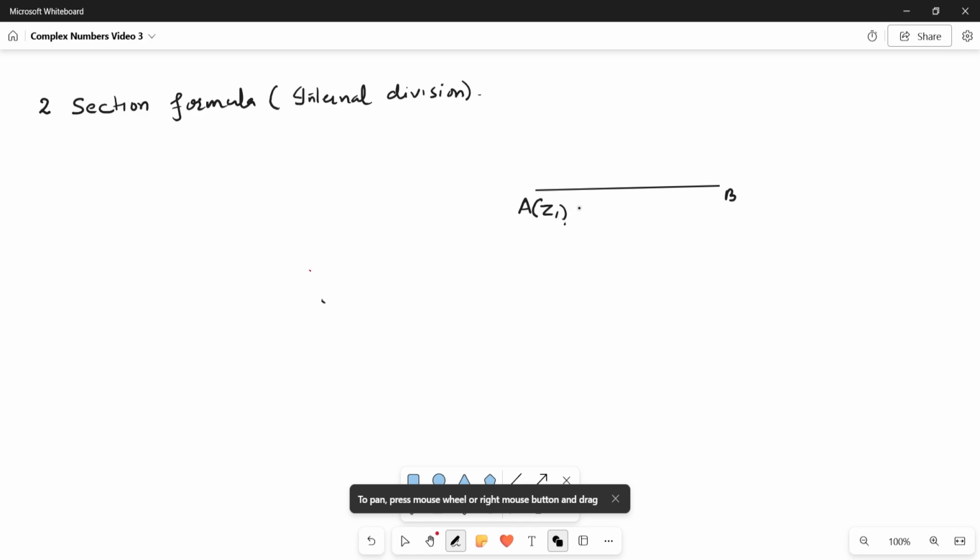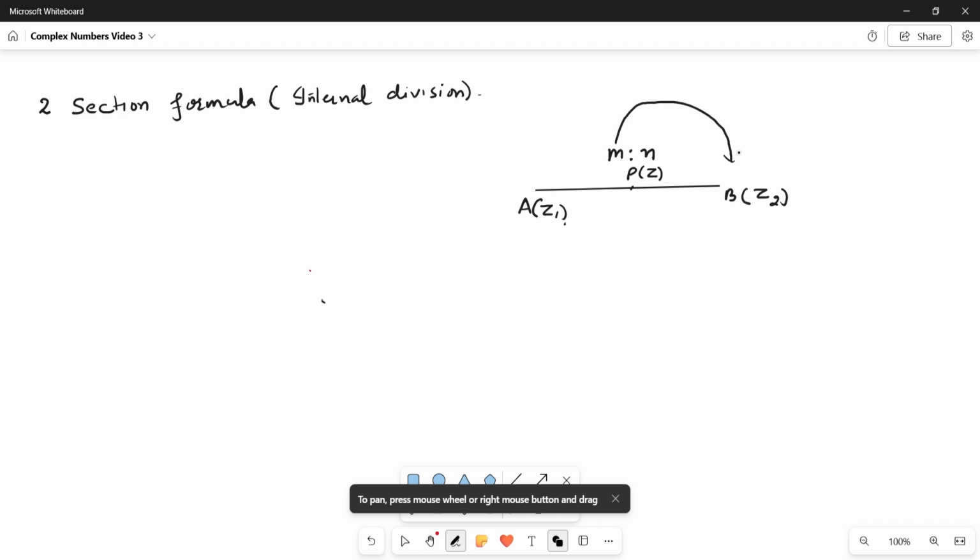Z1 is the complex number represented by A point, Z2 by B. Suppose P is any point which divides this internally in the ratio m is to n.